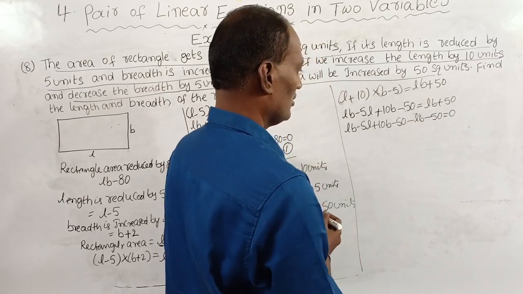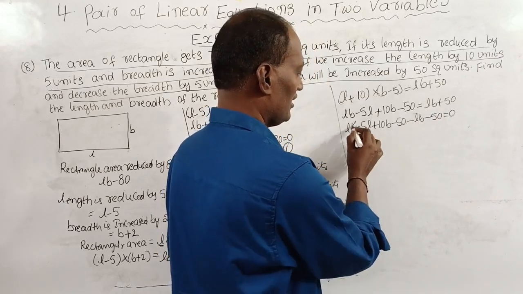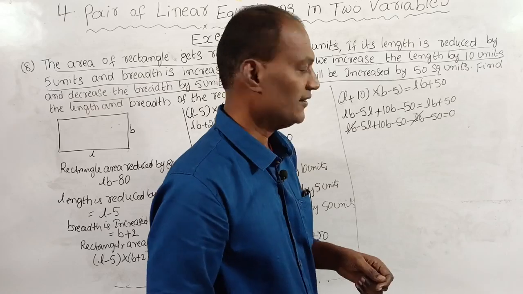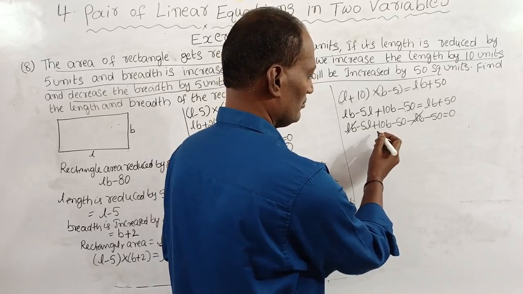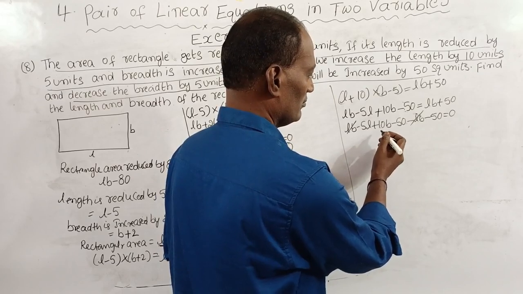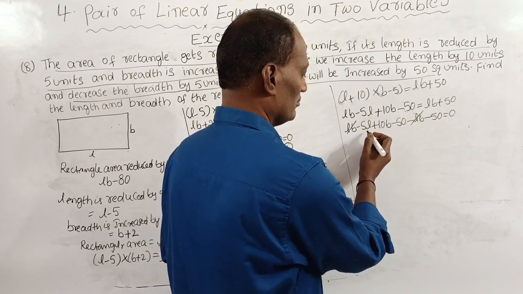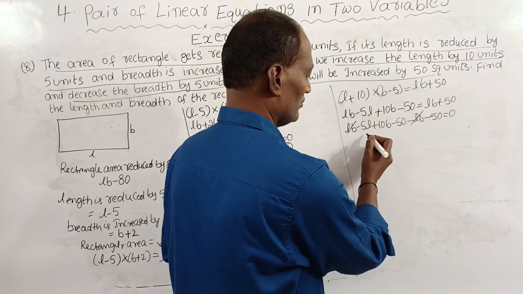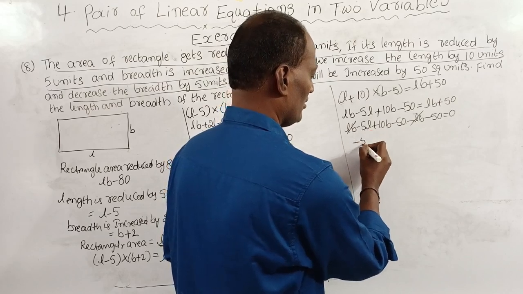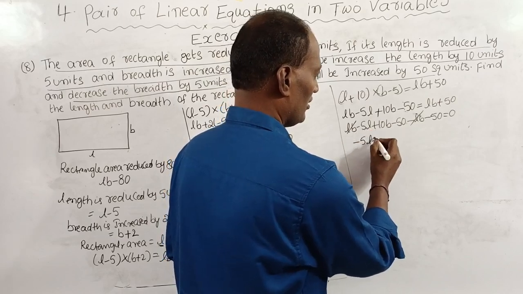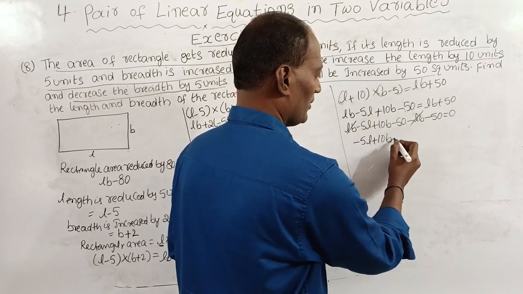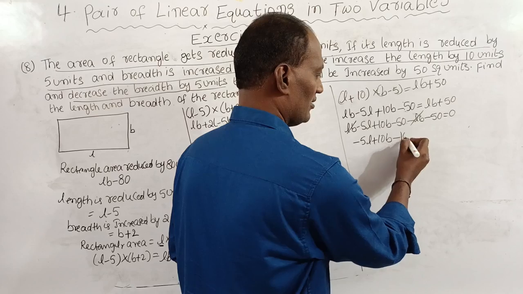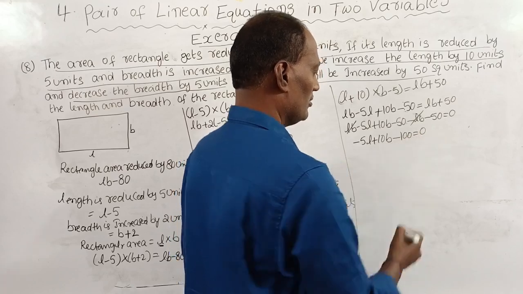Now see, plus LB minus LB will be cancelled. Minus 5L plus 10B minus 50 minus 50, minus 100 equal to 0.